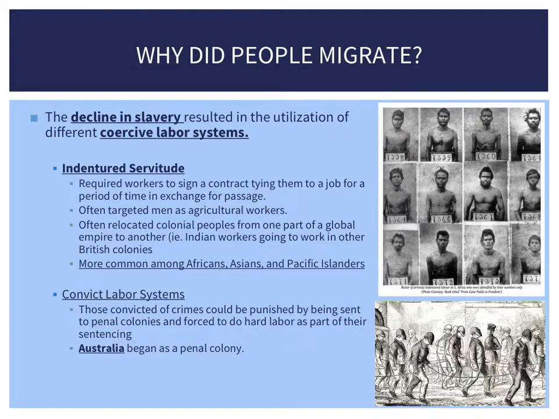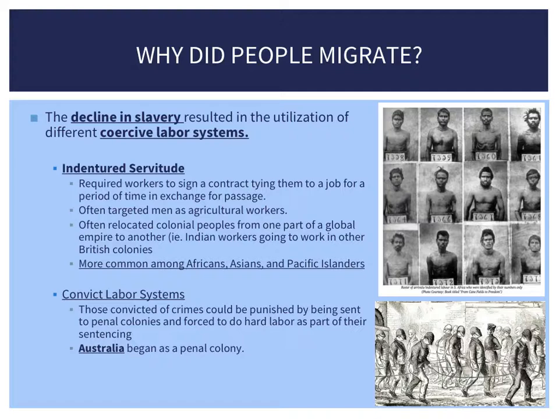And another unique thing about indentured servants in this time is that people within an existing colonial empire often relocated to another part of the empire as an indentured servant. So for example, there's a lot of Indians that left India as a result of the famines that occurred after the British took over and went as indentured servants to another British colony.